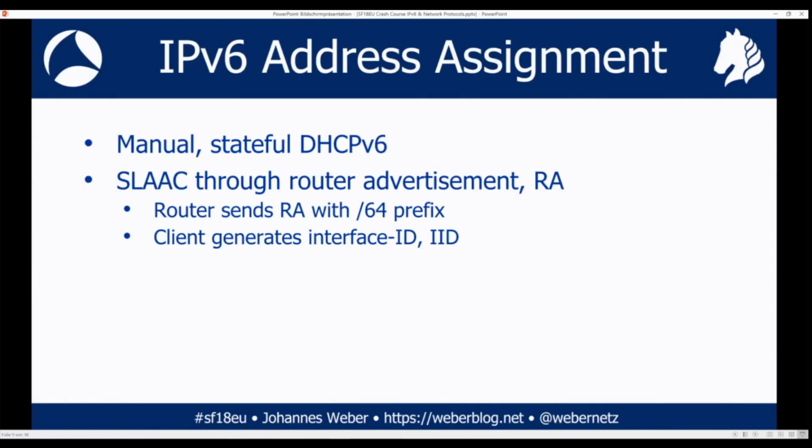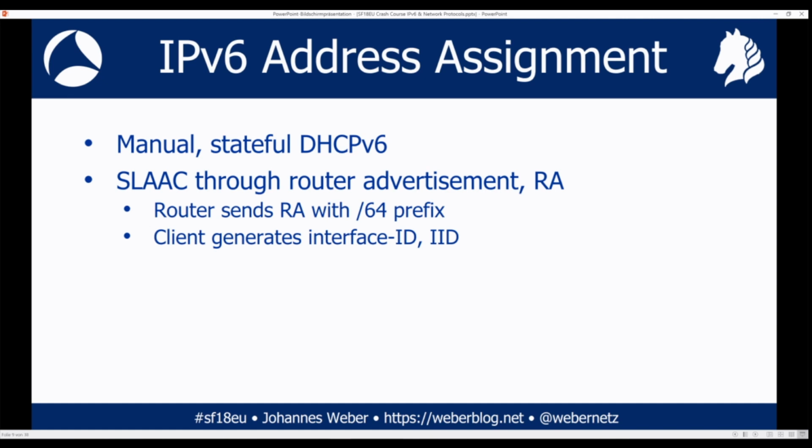Now here comes the point. This is the part where the messages that you will see in the trace files are interesting. How is the client getting an address? Of course, you can configure it manually when you're at the server, when you're at routers. Of course, you're setting IPv6 addresses manually because you don't want any automated process behind it.